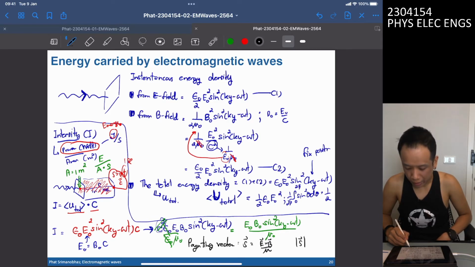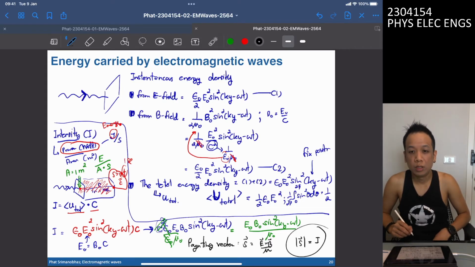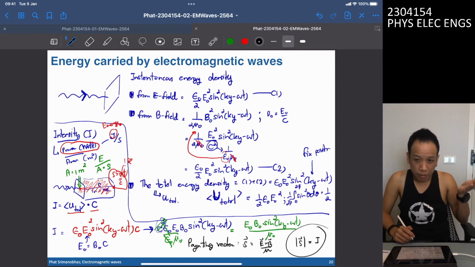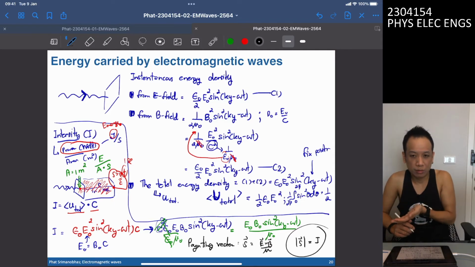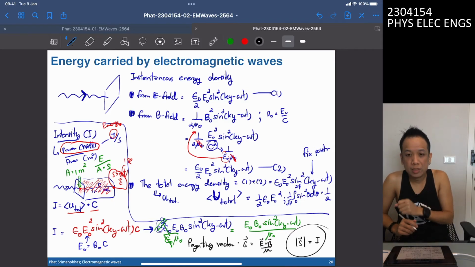So basically this thing equals the intensity. So the Poynting vector tells you exactly the energy per unit area per time that the electromagnetic wave gives to the surface. Okay, so this is the definition of the Poynting vector.